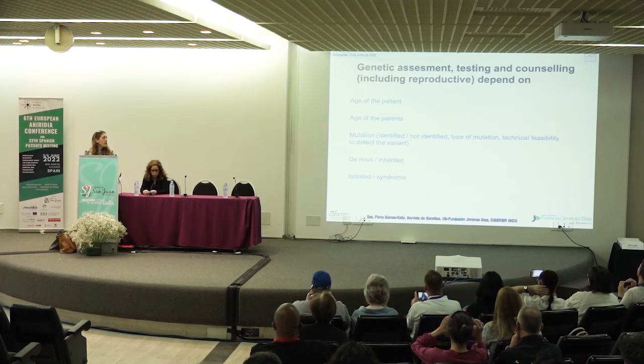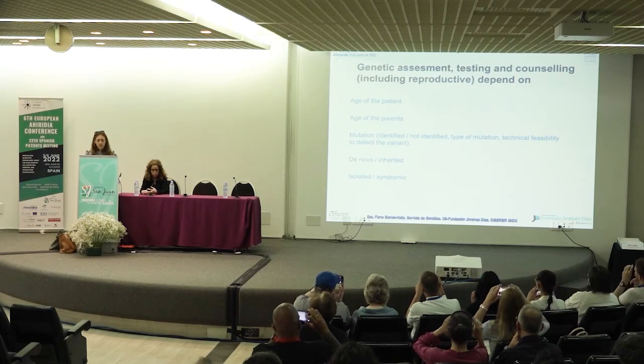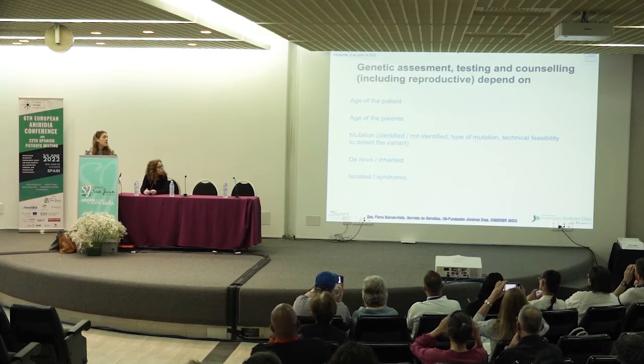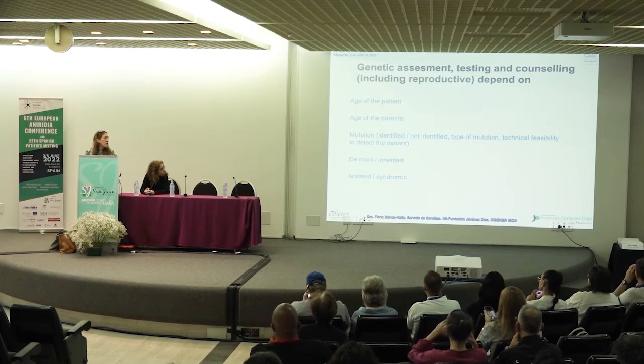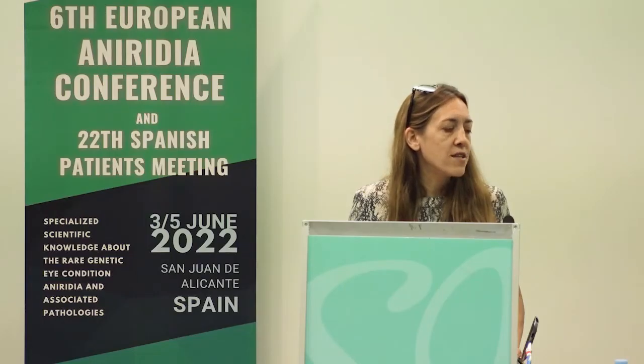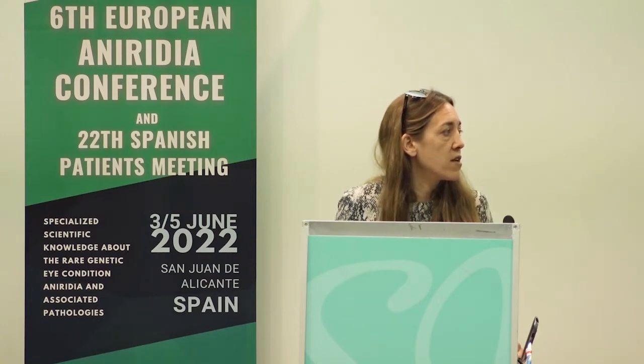So in a clinical setting, it's very important to take into account when assessing and testing the patients their age, the age of the parents also, whether the mutation has been identified or not, the technical feasibility of detecting it regarding the technique used, and the type of mutation or pathogenic variant that we have detected.